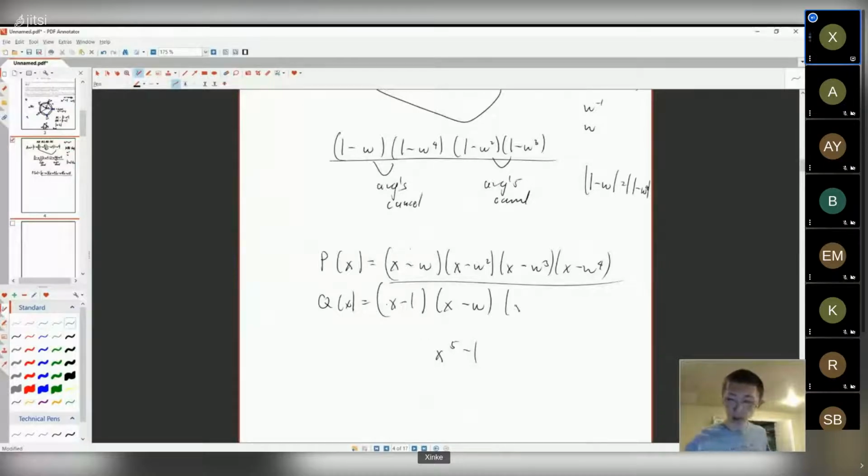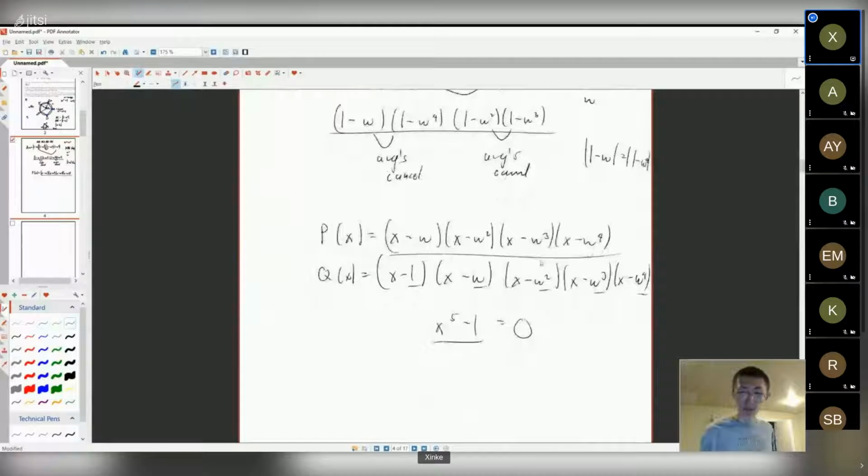Because, by definition, the roots of this are the 5th roots of unity, and these are the 5 5th roots of unity. So then p of x is just q of x over x minus 1.